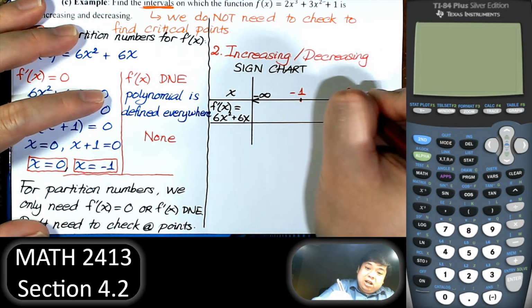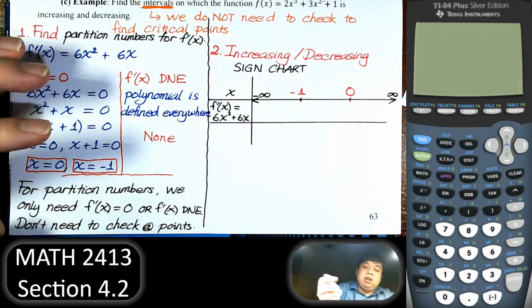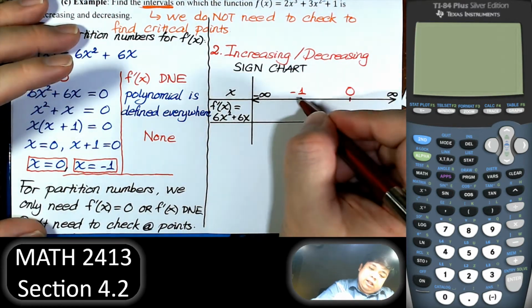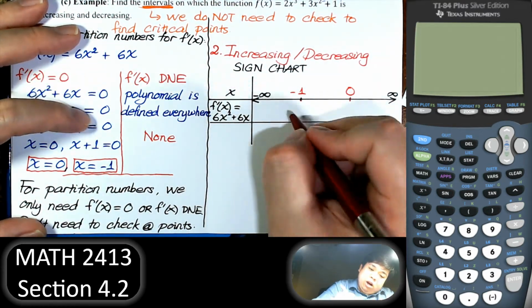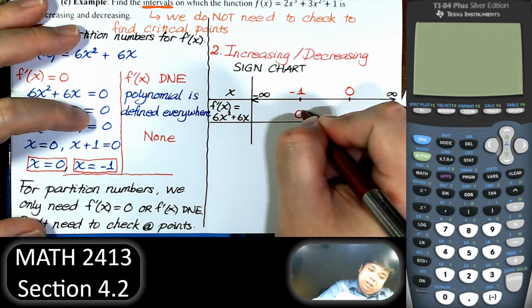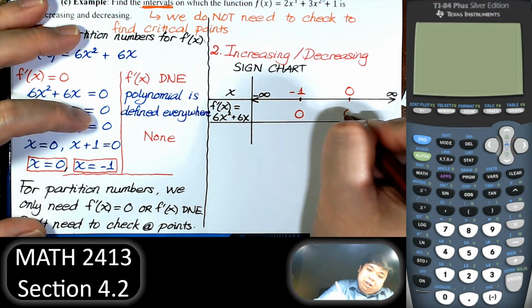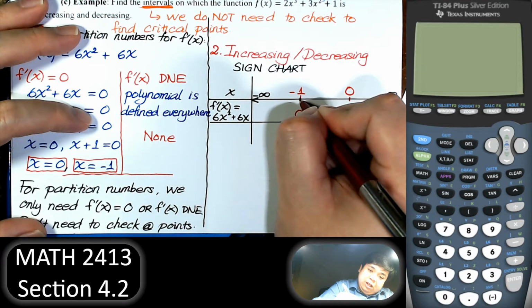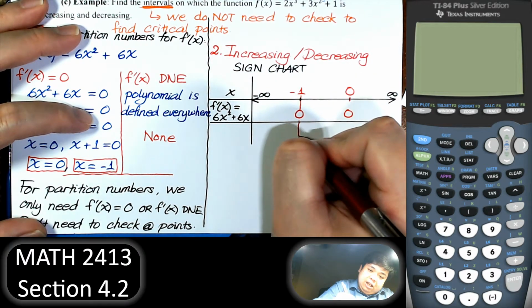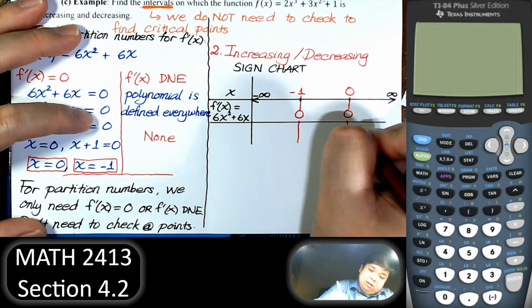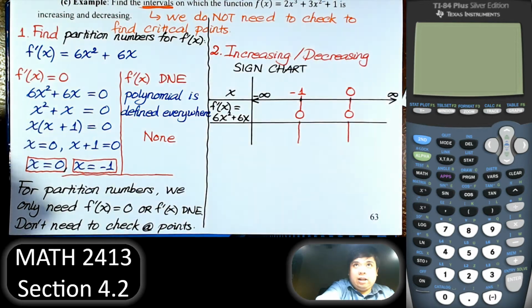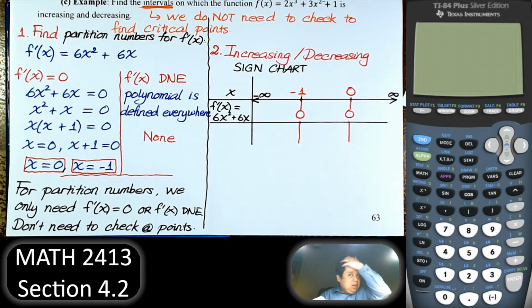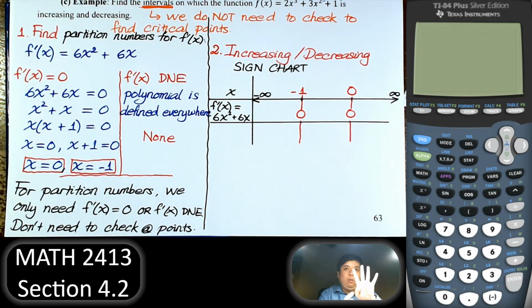We call them partition numbers because those numbers divide the number line. When x equals -1, the derivative equals 0. When x equals 0, the derivative equals 0. So indeed it divides the number line like that.